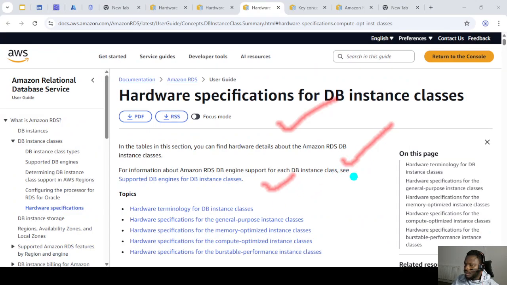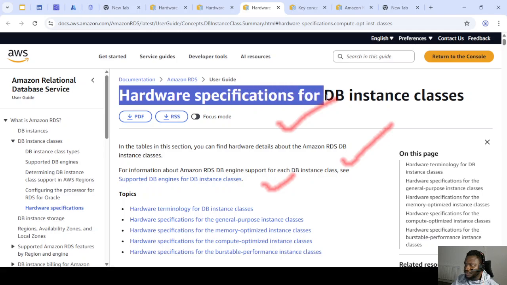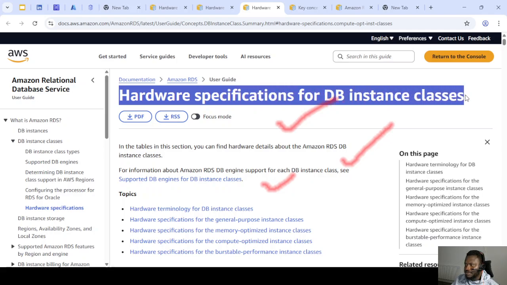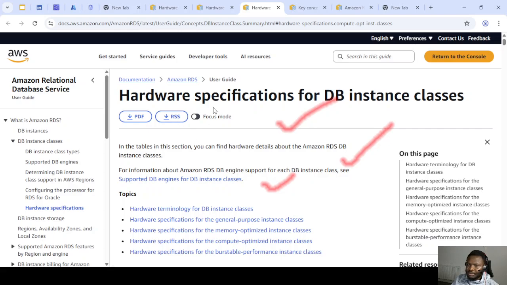As you can see, I have gone to my browser and searched for hardware specifications for DB instance classes. This is always located in the official Amazon Relational Database Service documentation.